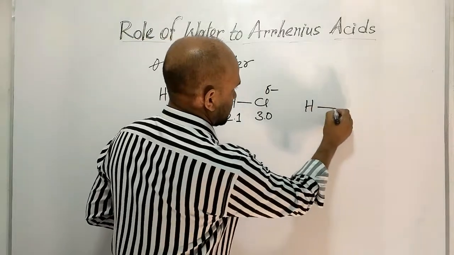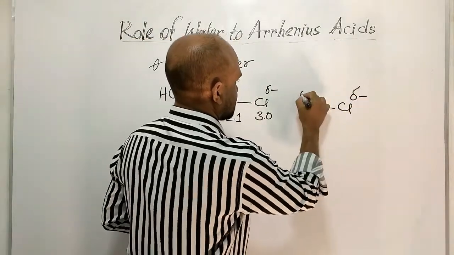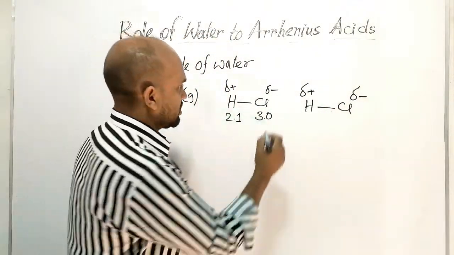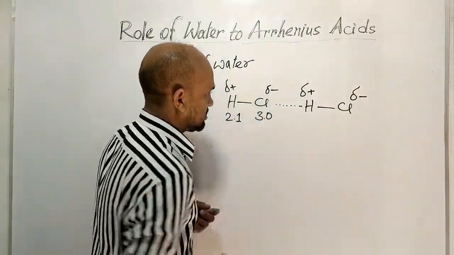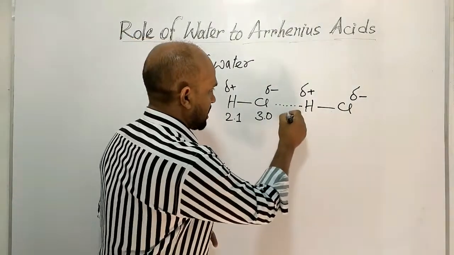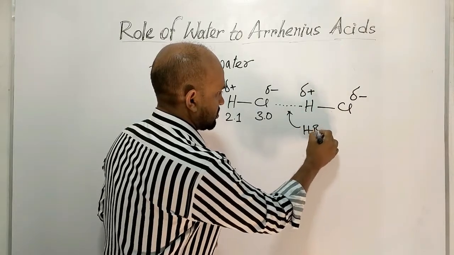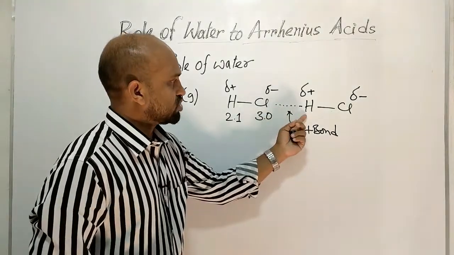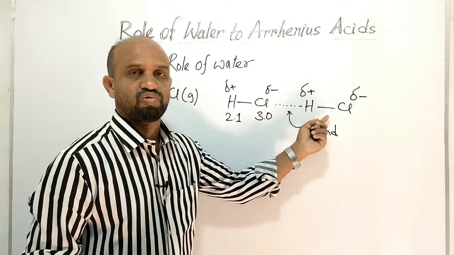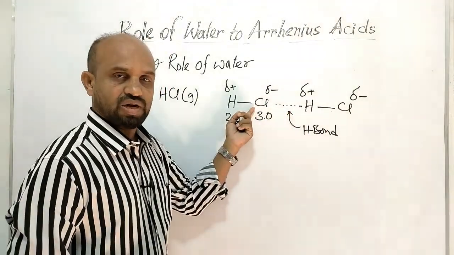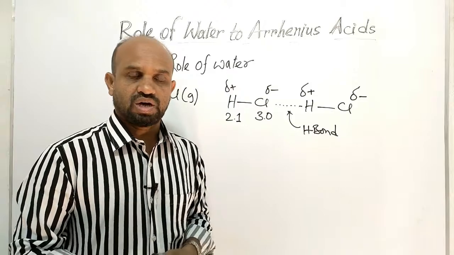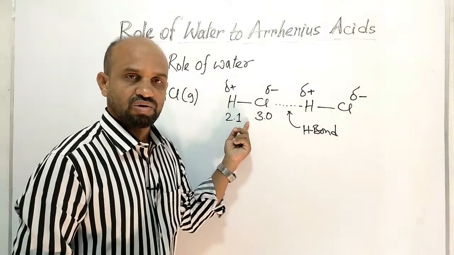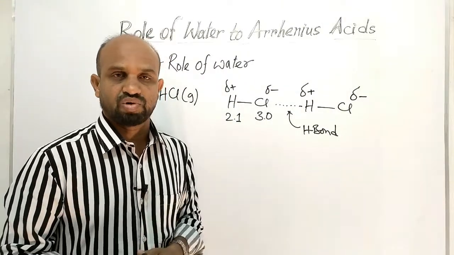Another hydrogen chloride molecule is also partially negatively and partially positively charged. Among the hydrogen chloride molecules, a kind of attraction force originates. This is called hydrogen bond. The definition of hydrogen bond is the attraction force between hydrogen of one molecule and an electronegative atom of another molecule. So in absence of water, among the hydrogen chloride molecules, a hydrogen bond is present.